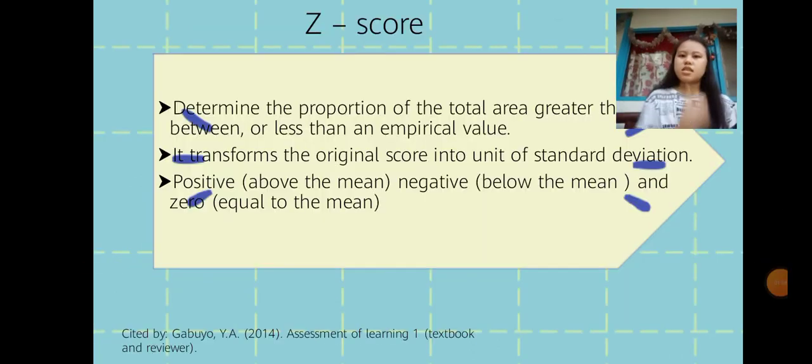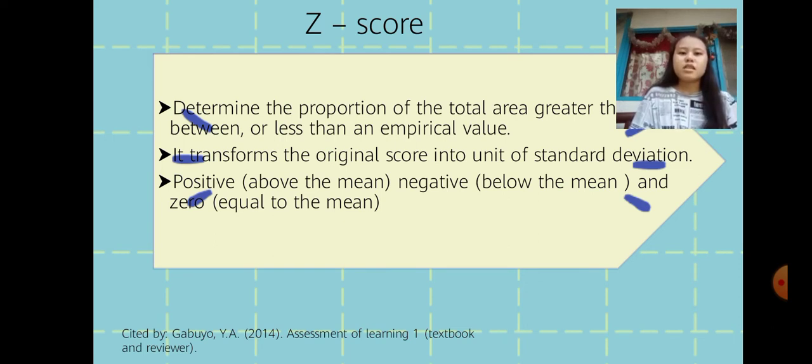So what is the z-score? The z-score is used to convert raw scores to standard scores to determine how far a raw score lies from the mean in standard deviation units. It is also used to determine the proportion of the total area greater than, in between, or less than an empirical value.